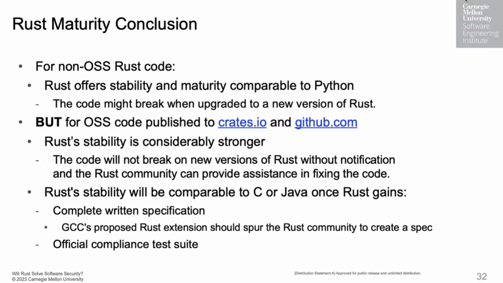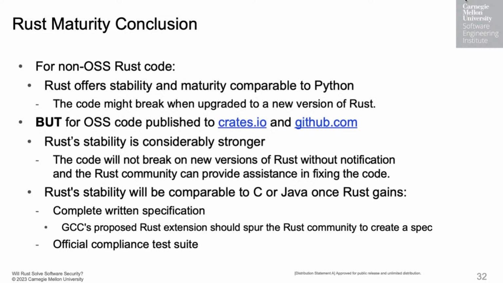However, if your code is open source and you publish it on GitHub or Crates.io, then your maturity level goes a good bit higher, because you can add tests to simply say, if this test ever breaks, then that's a bug in the compiler, or you're changing the compiler in an incompatible way. Right.